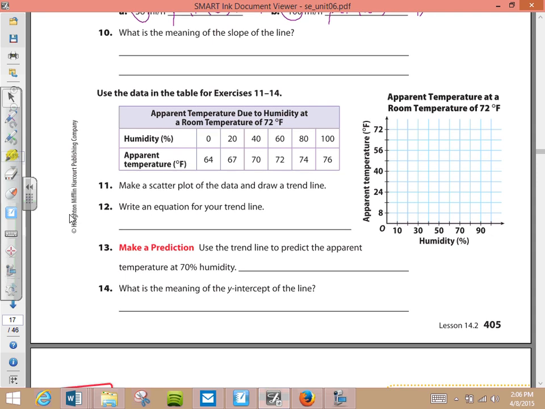The next one, let's plot it really quickly. 0 and 64 here. And then 20 and 67. And then 40 and 70. I hate these, because you cannot find the point. You have to estimate. And then 60 and 72.